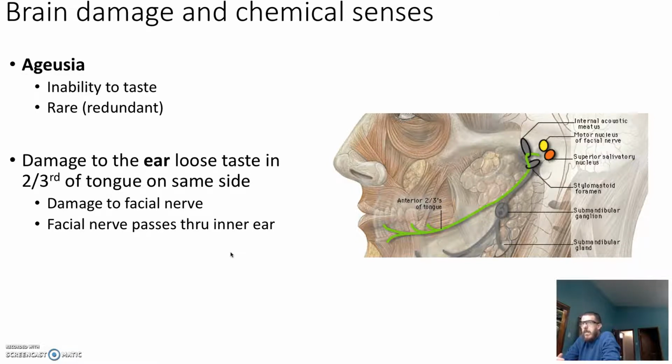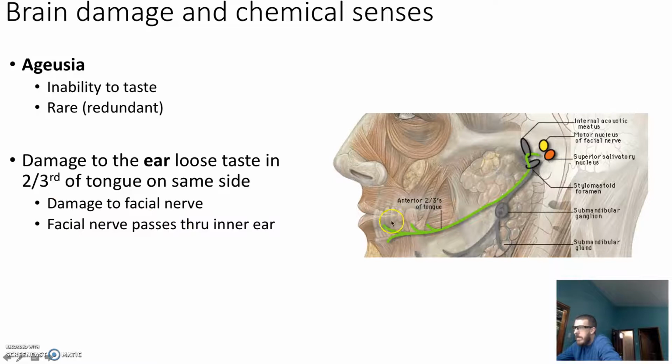One of those pathways, the facial nerve, innervates the front of our tongue. And from there, because of a quirk of evolution, the axon to get to our brain passes through our inner ear. So you can see this axon traveling through the inner ear here on the way to the brainstem. And if you get particular damage to your ear, maybe in a car accident where you hit your head, you can actually lose damage to the facial nerve.